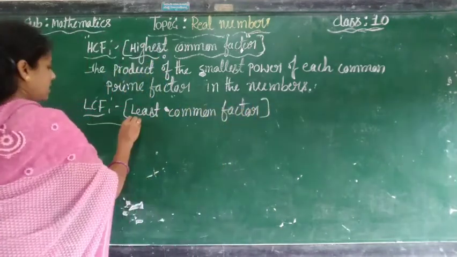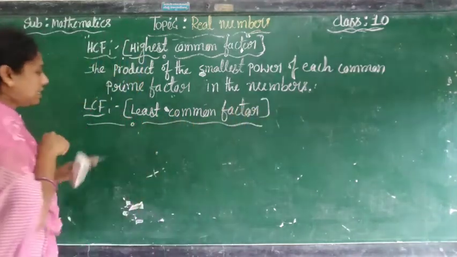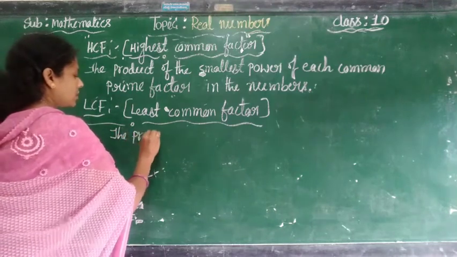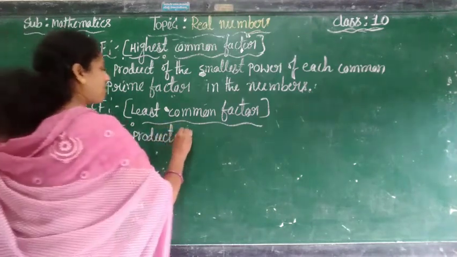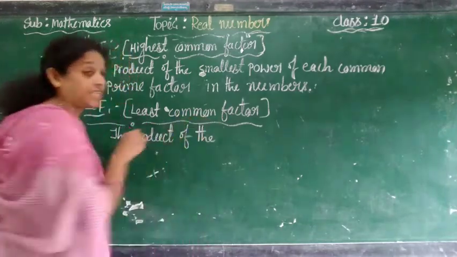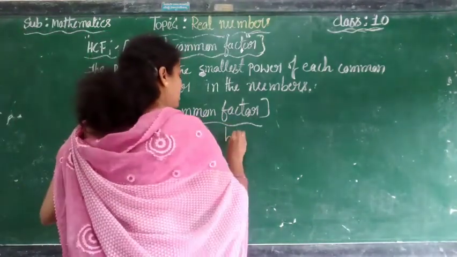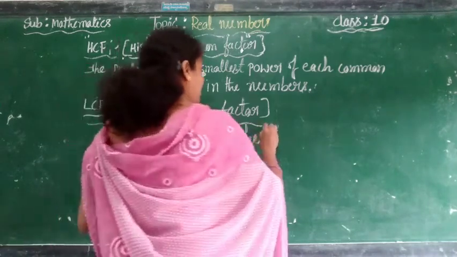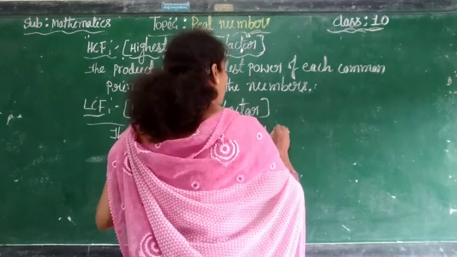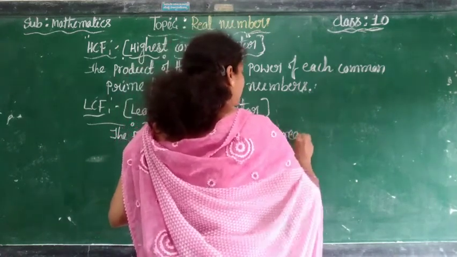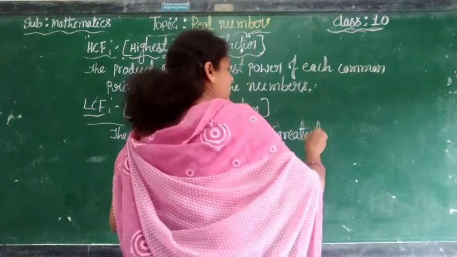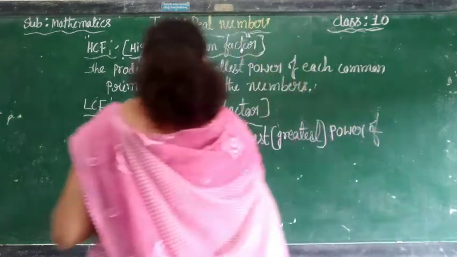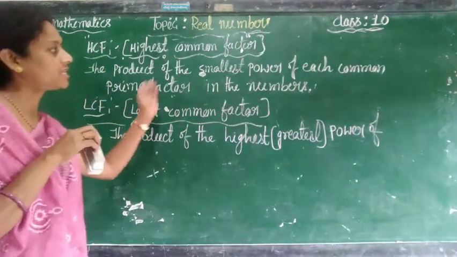So the definition of LCM is the product of the highest power, or greatest power, of each prime factor.